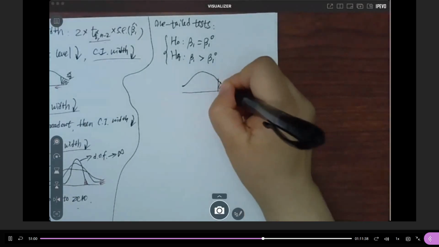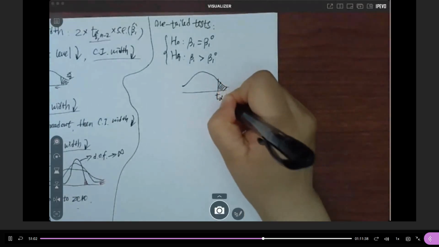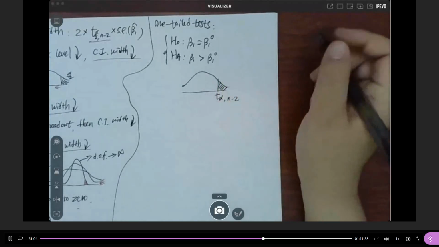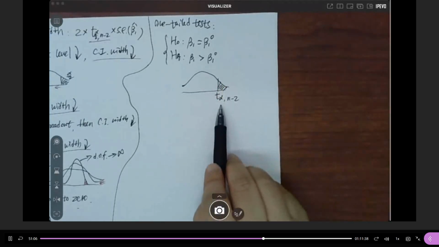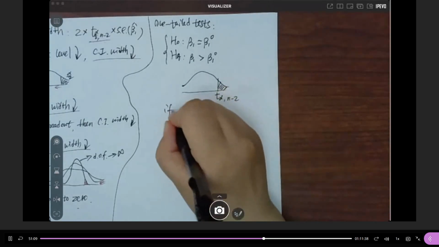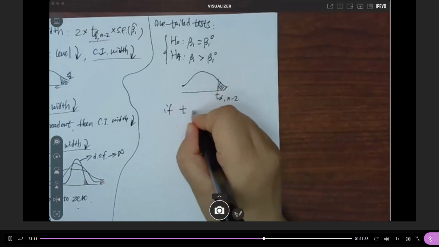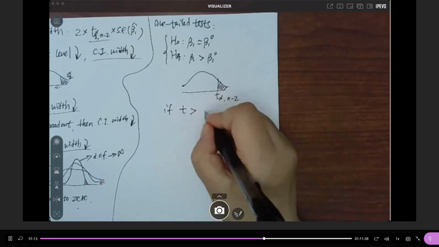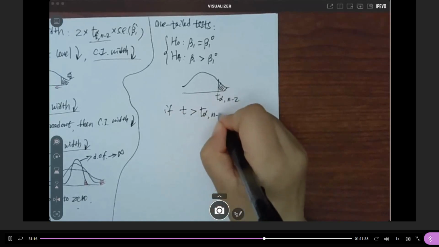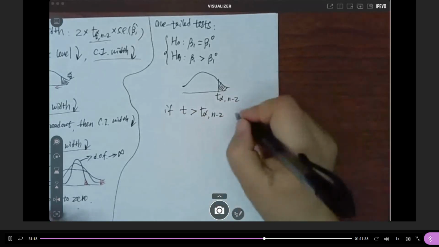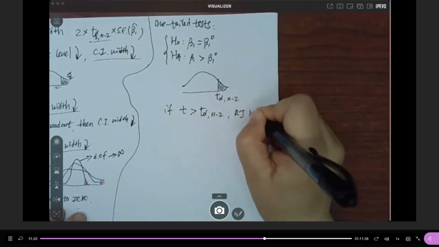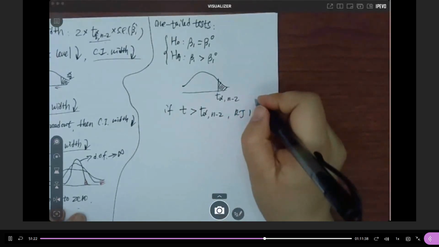So you would say this is t alpha, n minus 2. It's a one-tailed test, so you use alpha instead of alpha over 2. If your calculated t is greater than the t alpha cutoff value, you would reject the null.